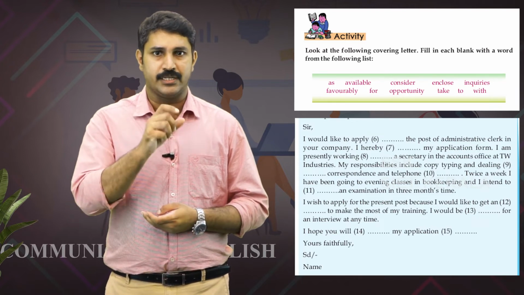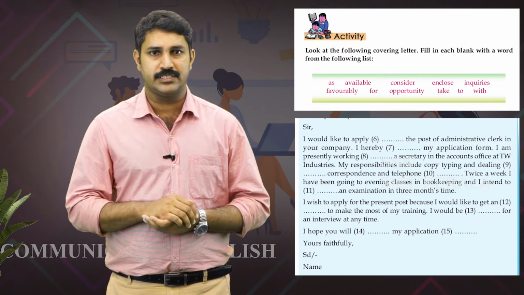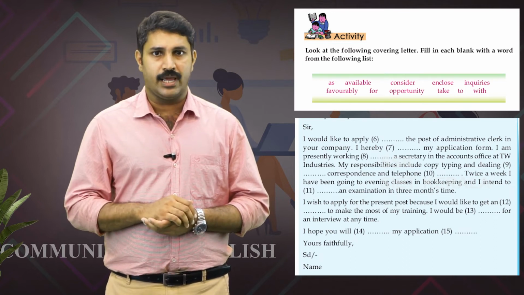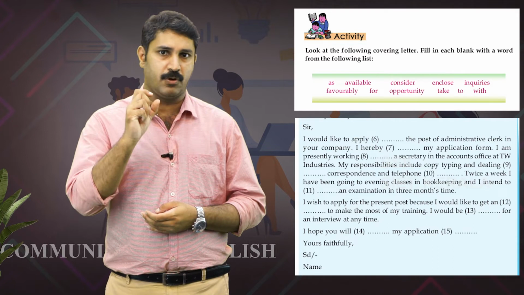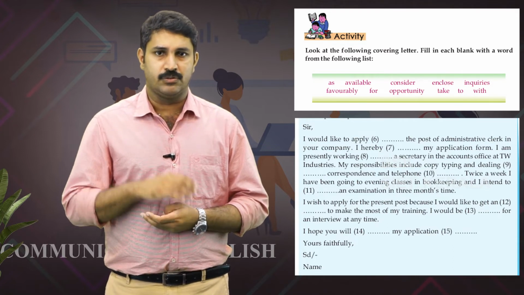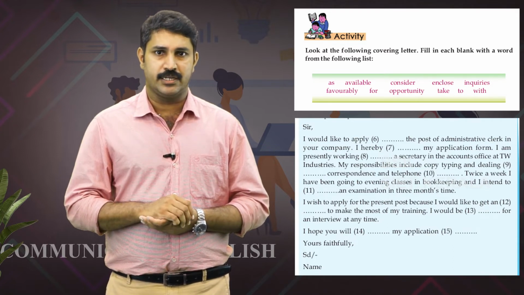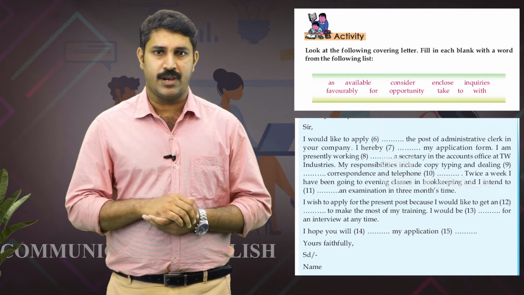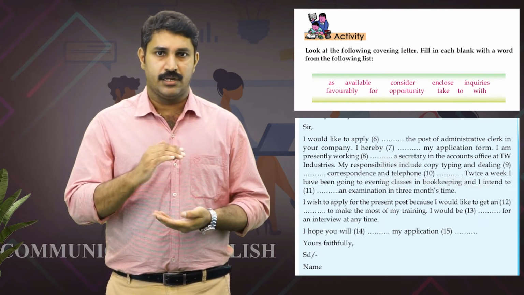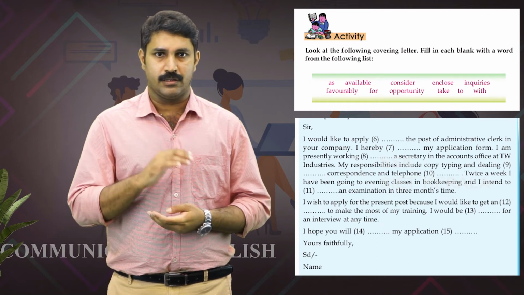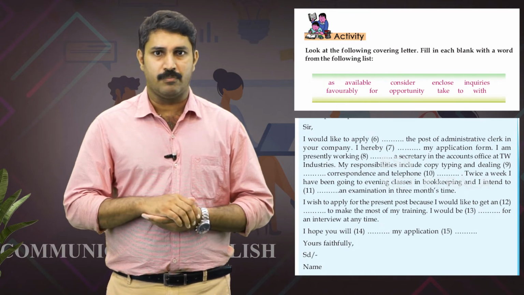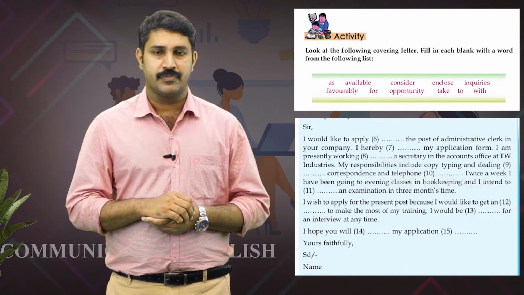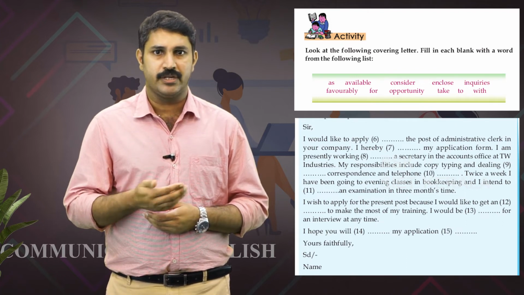You have to complete all the sentences. You have to fill in the blanks with the help of the phrases given in the box above, so that you get a full-fledged body of a job application letter in which you have mentioned your qualification, your experience, etc.